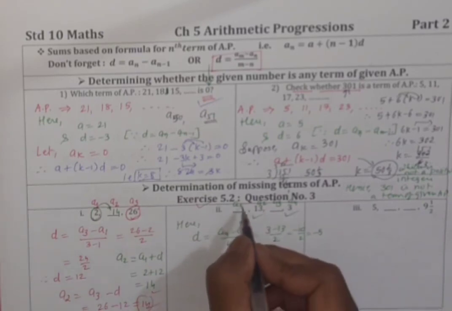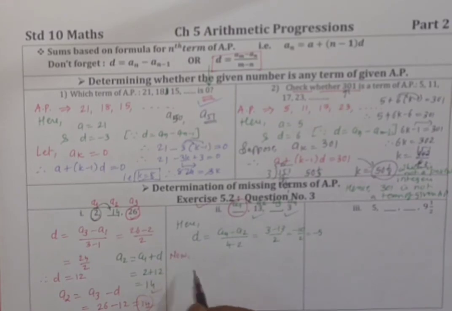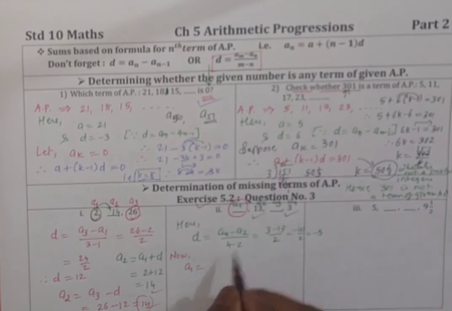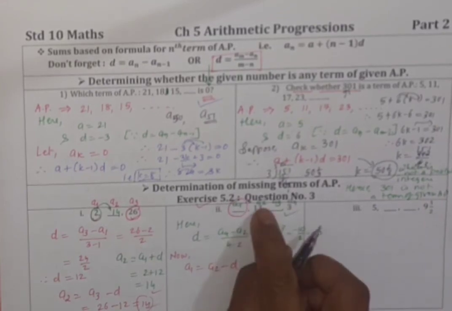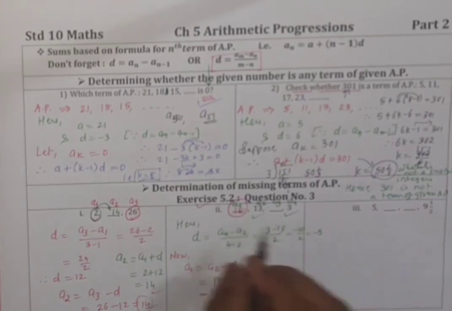Alright. चलिए अभी देखो आपको A1 ढूंढना है. Now A1 is equal to उसके बाद वाला that is A2 minus D होगा. A2 क्या है 13 और D क्या है minus 5, so that is 13 plus 5 and that is 18, so this term is 18.